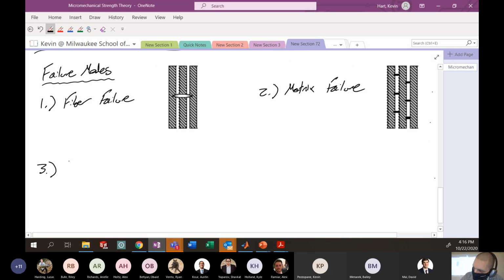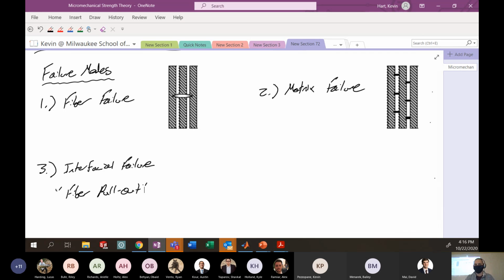All right, you might see interfacial failure, sometimes called fiber pullout, for pretty obvious reasons. It's more or less a debonding between the fiber and the matrix.